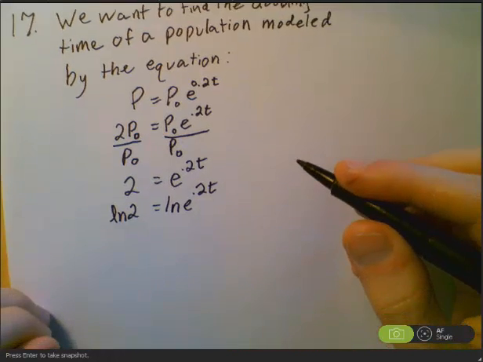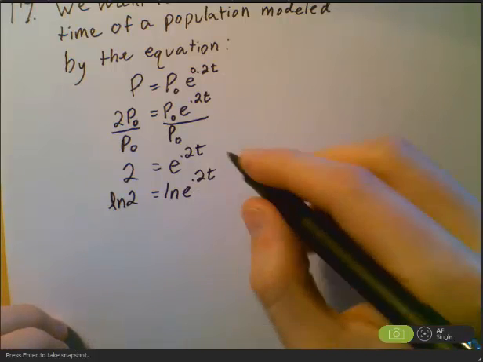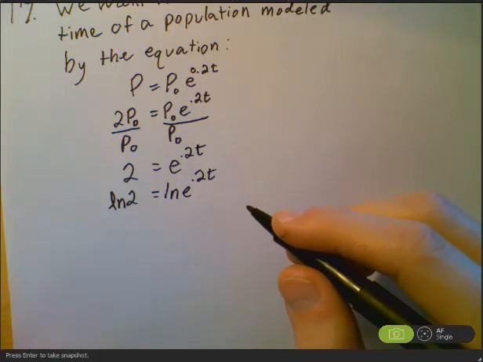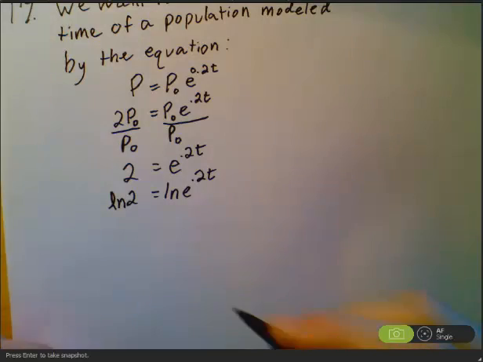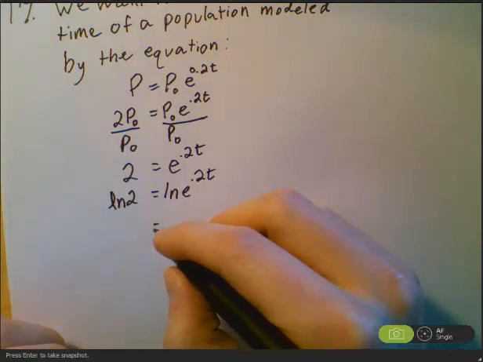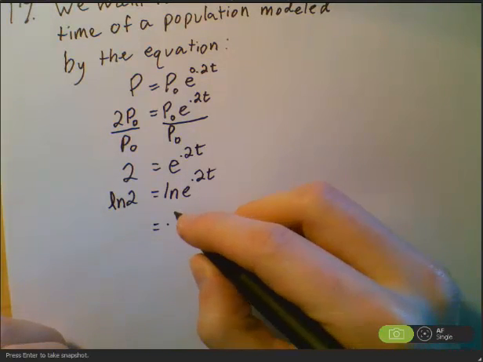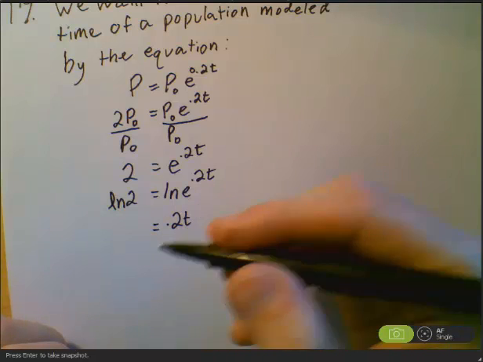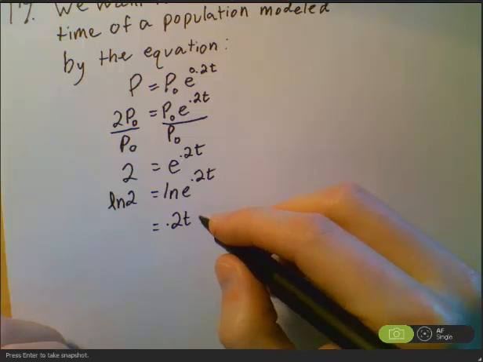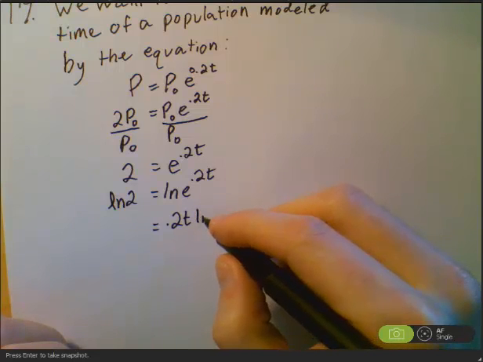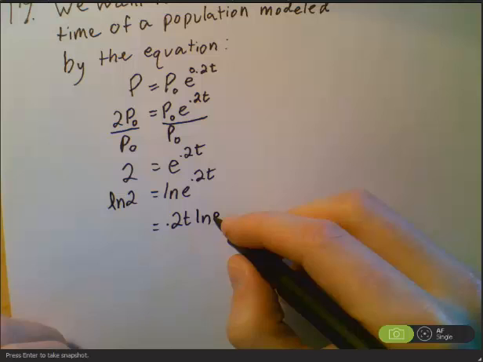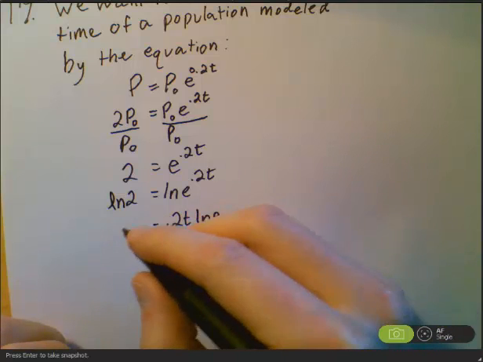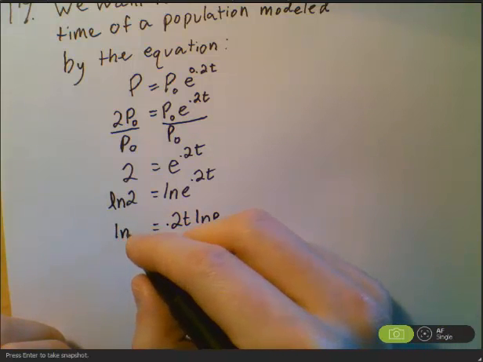And now we can take that power on the right side out in front, because that's a property of logarithms and natural logarithms. So I'll rewrite this as 0.2t times the natural log of e, and that's equal to the natural log of 2.